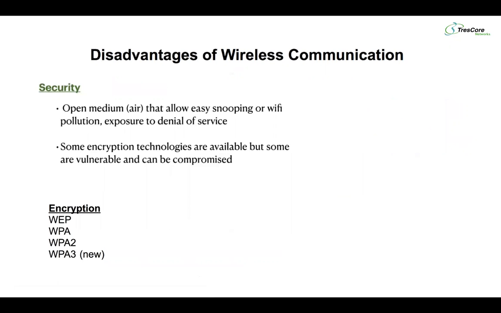One other disadvantage with wireless communication is it's all open air. It's open to snooping, right? So it's been a constant struggle, like a cat and mouse game where people try to break into your communication. If it's wired, if you want to tap a wired communication, people can somehow get hold of the intermediate routers.